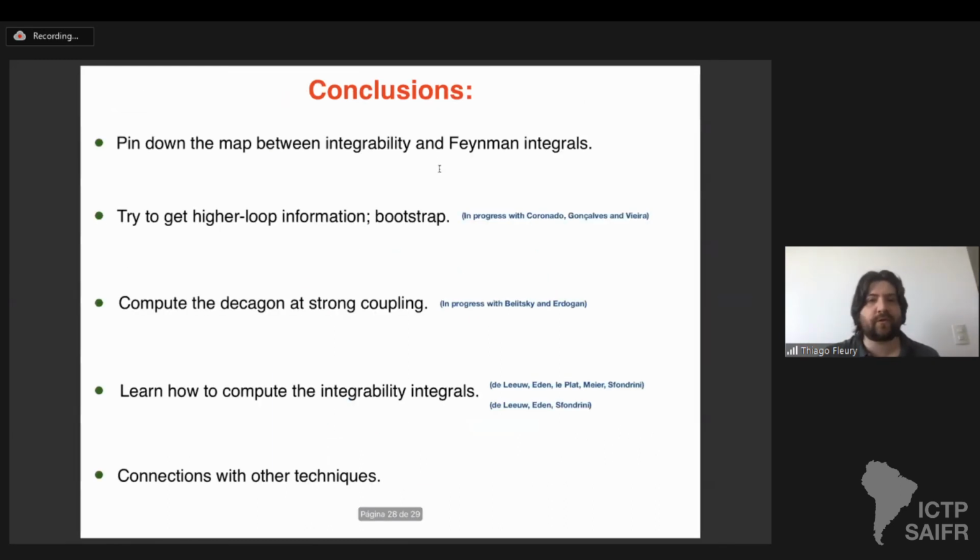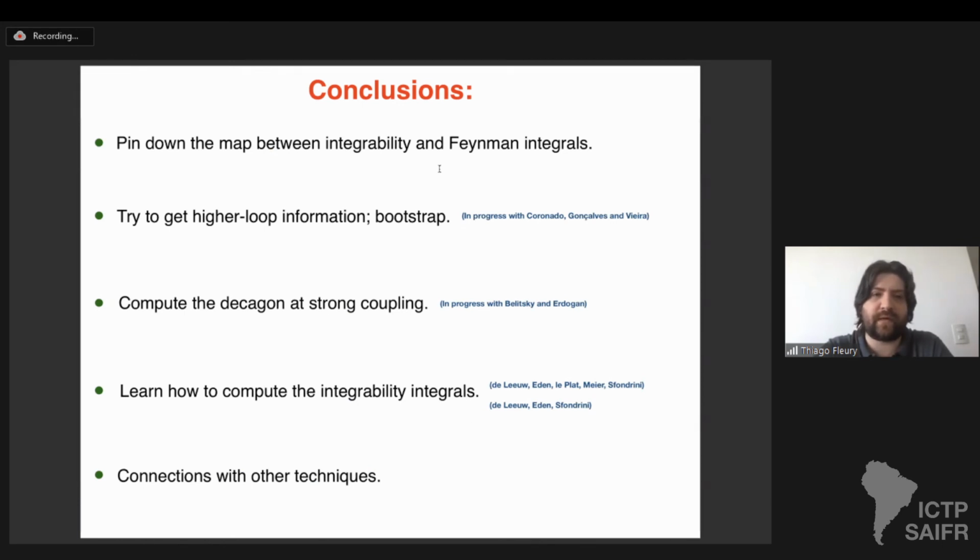So then I will go to my conclusions. Things that I want to do: as I mentioned, there is a very nice map, with more examples such as Basso-Dixon, between integrability and Feynman integrals.